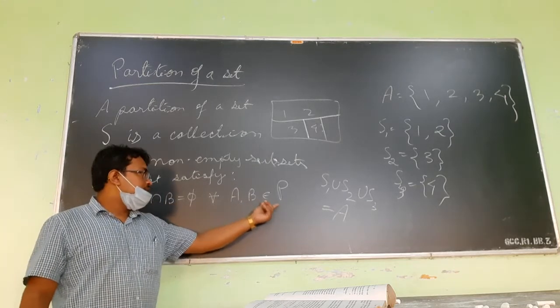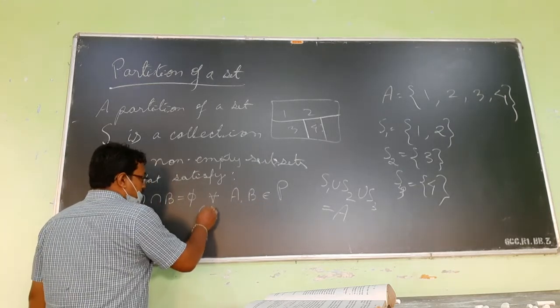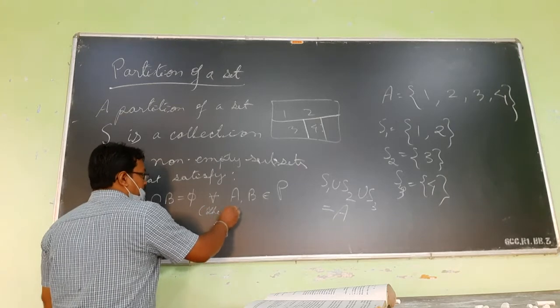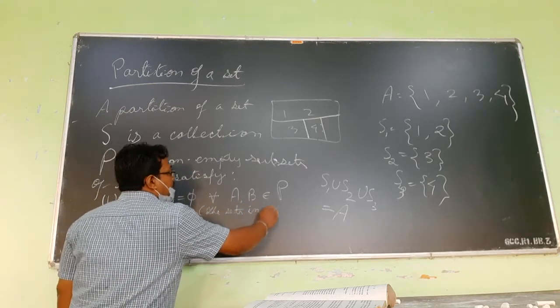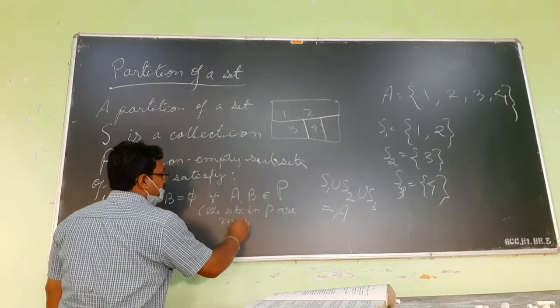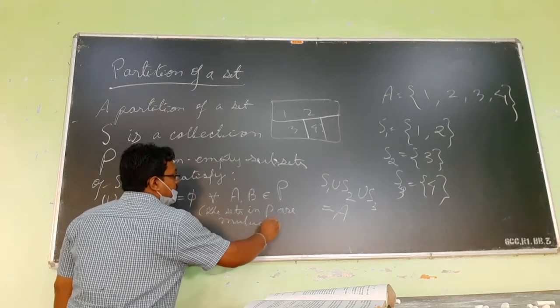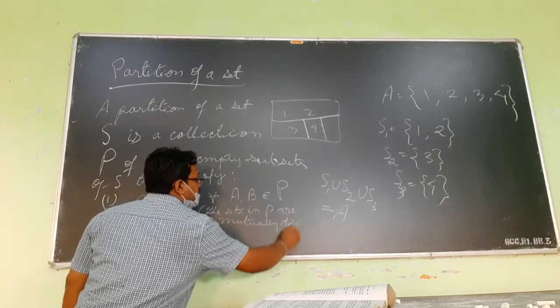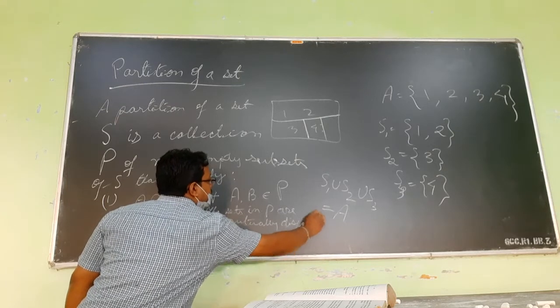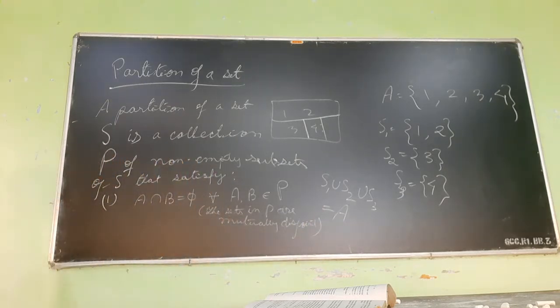That is, the sets in P are mutually disjoint.